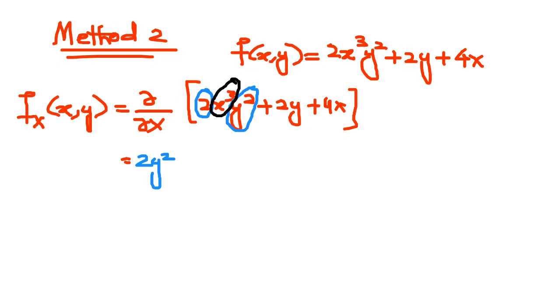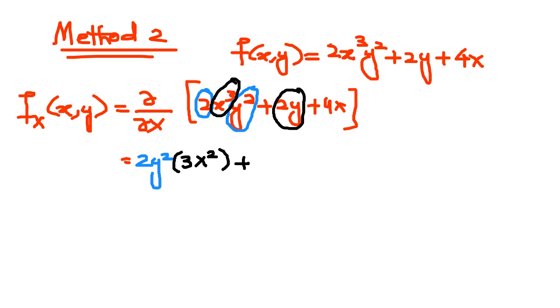x power 3 is left. So what is the derivative of x power 3? That is 3x power 2. Okay. Now plus 2y is a constant.